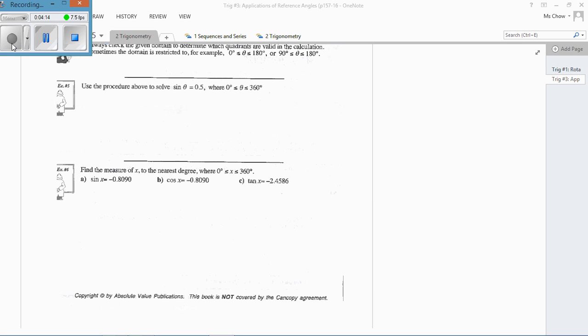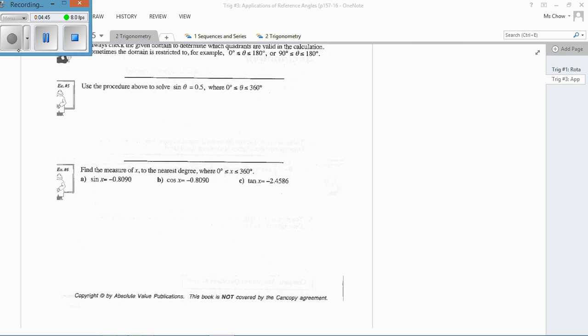So on page 160, what we're going to be looking at in examples 5 and 6 is how to solve for an angle when you're given the ratio. So let's take a look at class example number 5. It says to solve sine of theta is equal to 0.5, where theta is anything between 0 degrees and 360 degrees, so it could be in quadrants 1, 2, 3, or 4.